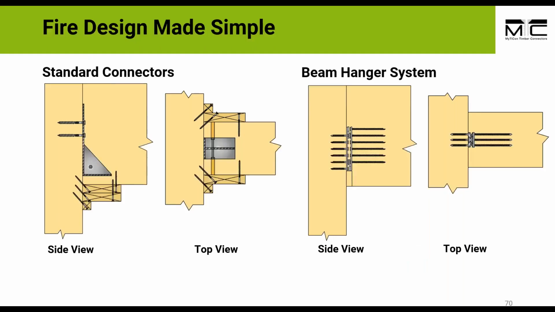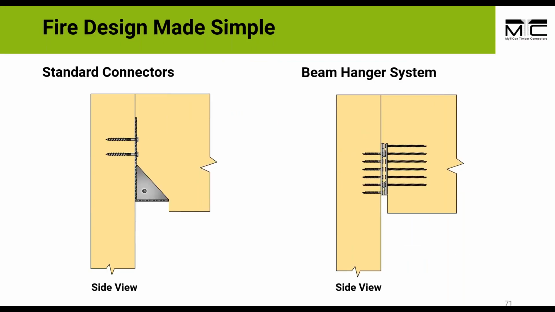So to wrap up our example, let's compare the fire design requirements for a standard connector to the beam hanger system, side by side here. So for both custom and standard connector, you need a wood plug at the bottom. So it's added right here.